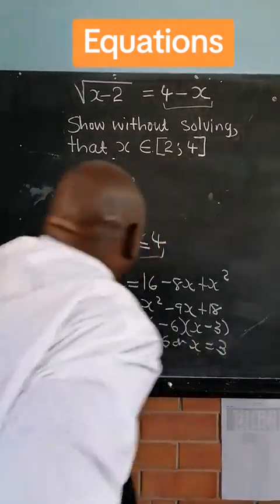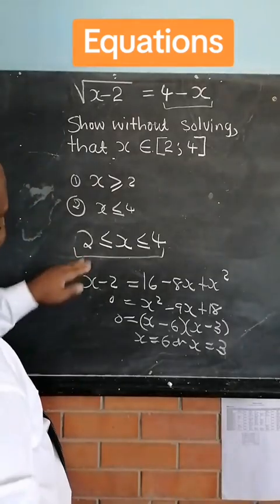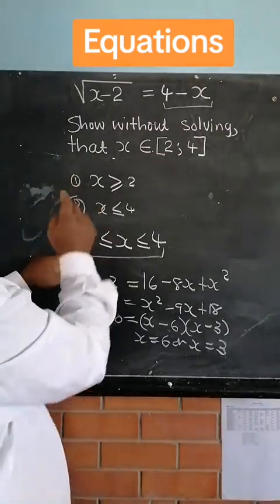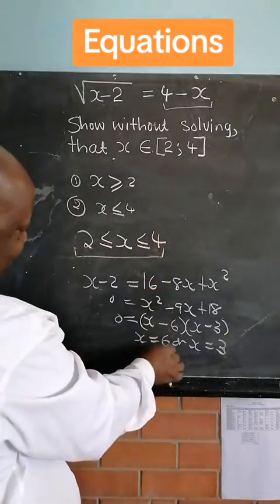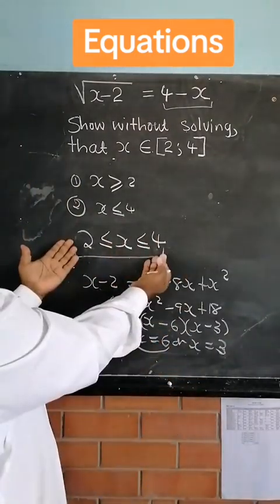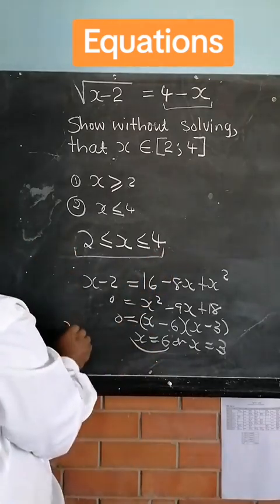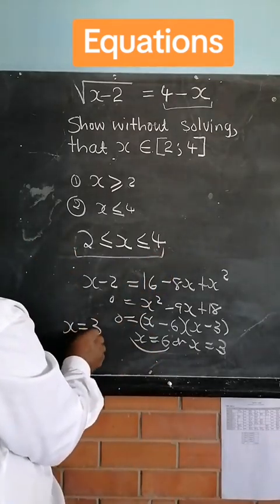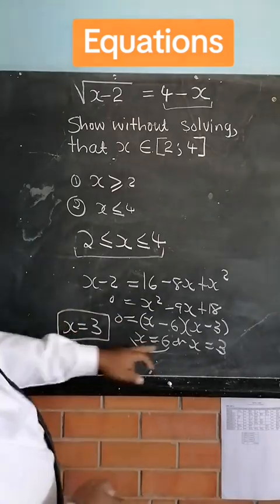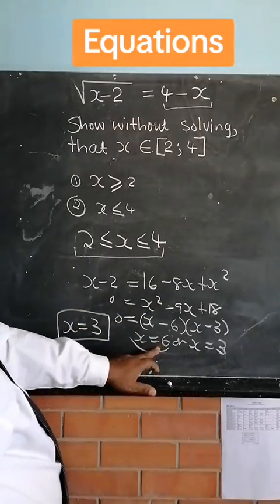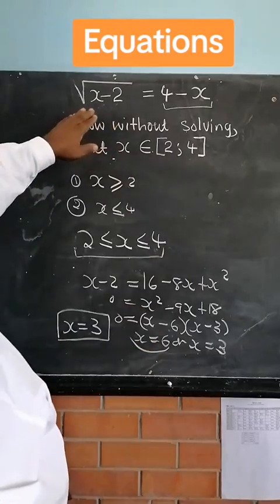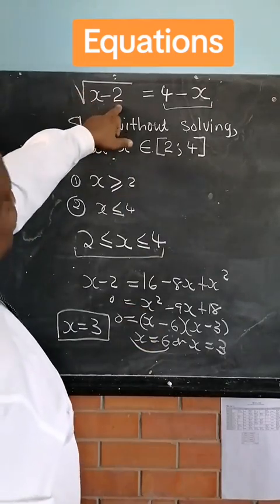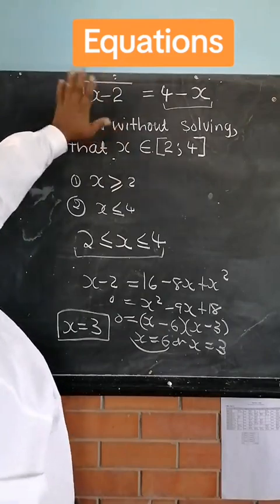But earlier on, I said the reasonable answer must be between 2 and 4. Therefore, I will reject 6 because it doesn't conform to that, which means my value of x must be equal to 3. Why does 6 not satisfy? If we go back here, we are going to have 6 minus 2, which is 4, and the square root of 4 is 2.